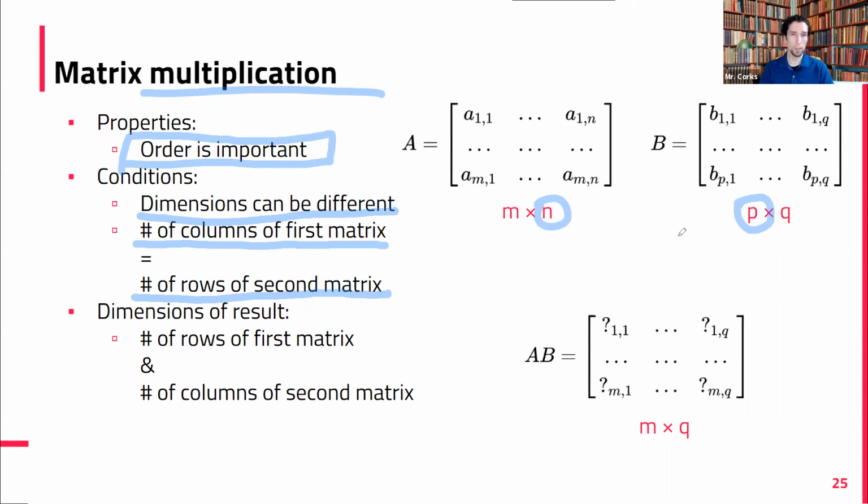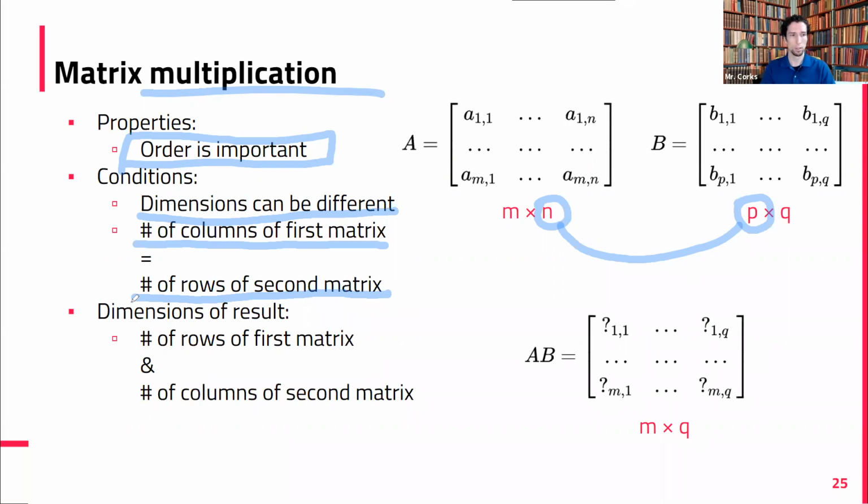To know if multiplication is possible, just write out the dimensions of each matrix in proper order and look at the inside numbers. Are they the same? If N and P are the same, then matrix multiplication is possible.